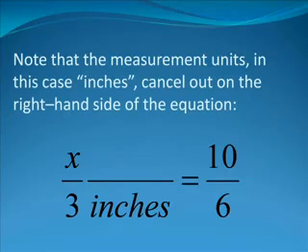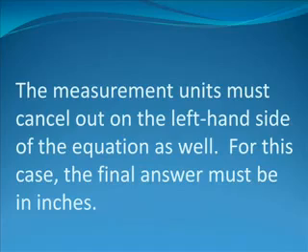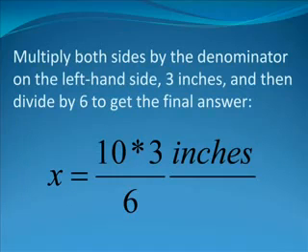Note that the measurement units, in this case inches, cancel out on the right-hand side of the equation. Then we have x divided by 3 inches is equal to 10 over 6. The measurement units must cancel out on the left-hand side of the equation as well. For this case, the final answer must be in inches.